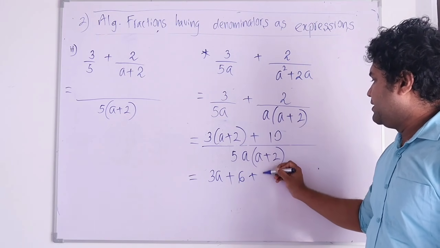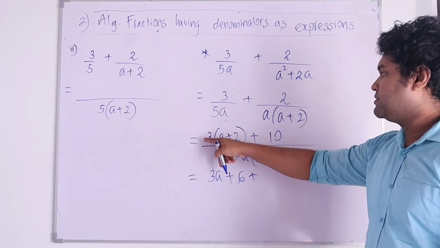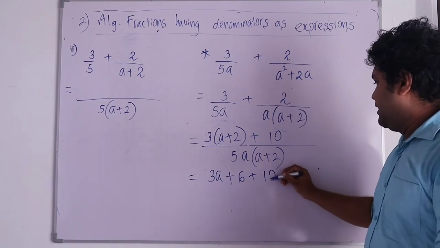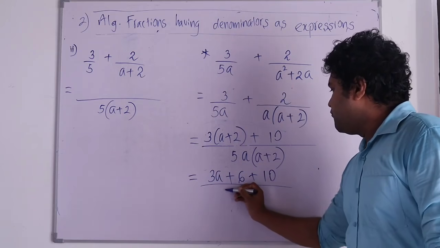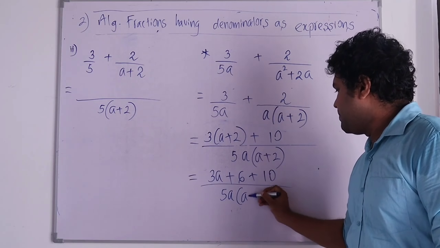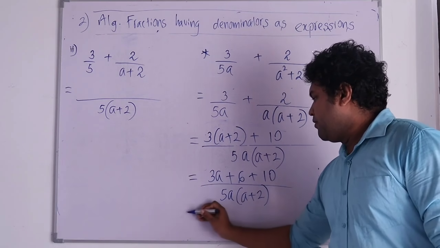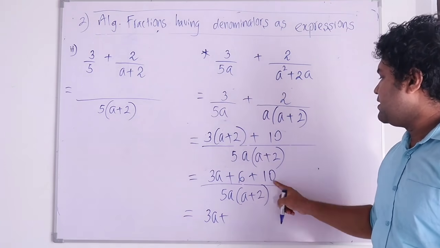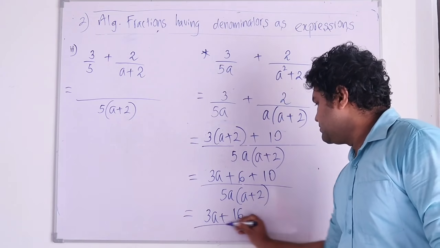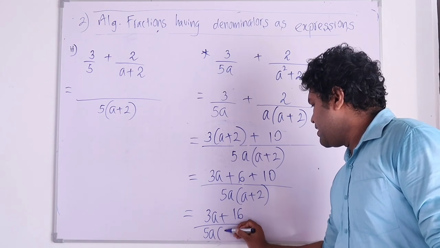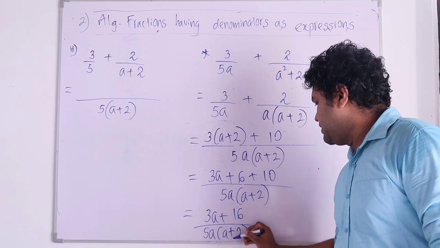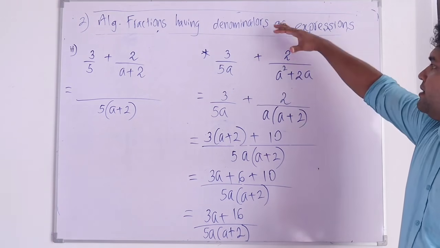Sorry, not 3 times 10 because the brackets are closed. The 10 is 10. Now 5a times a plus 2. What's the answer going to be? 3a, 6 and 10, 16, over 5a times a plus 2. This is your answer for the question.